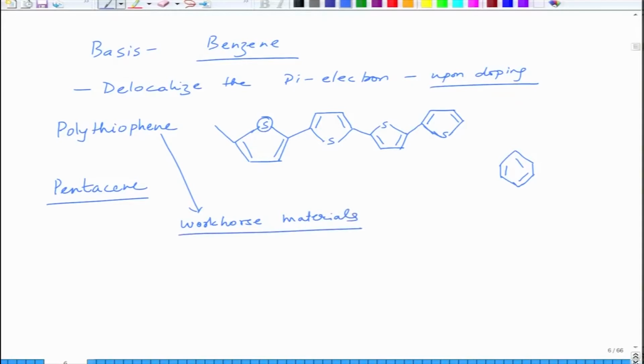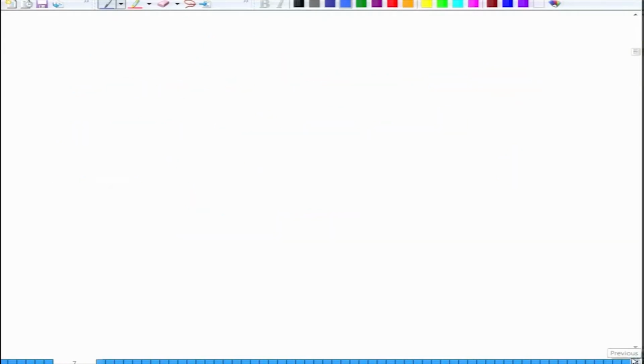So when you dope these materials with elements like sulfur, the molecules with extended sp2 hybridization states become what we call pi conjugated materials.